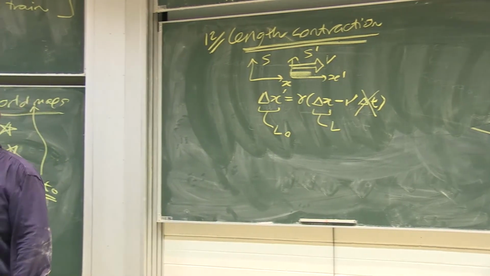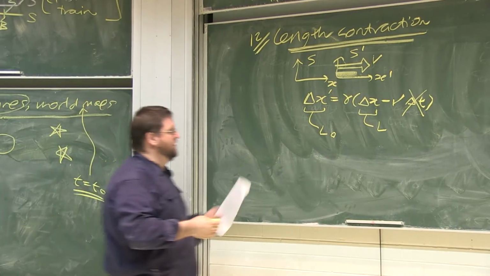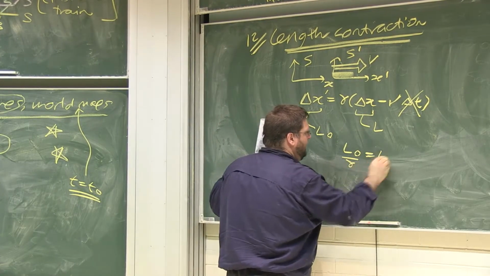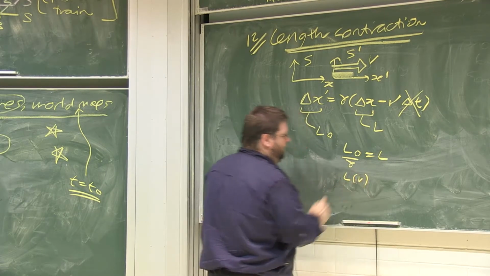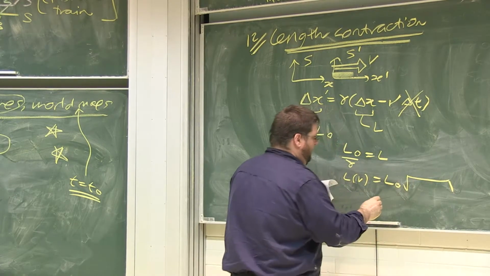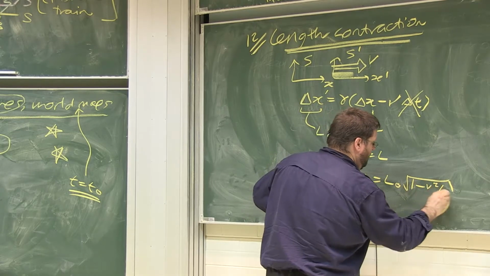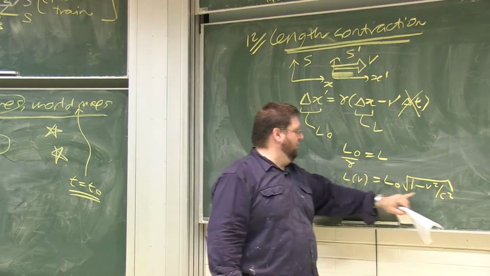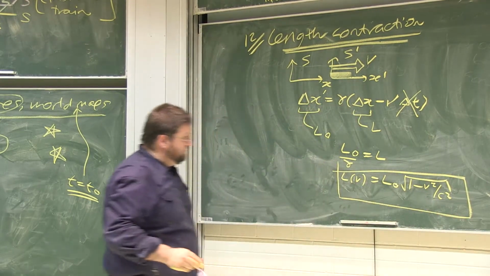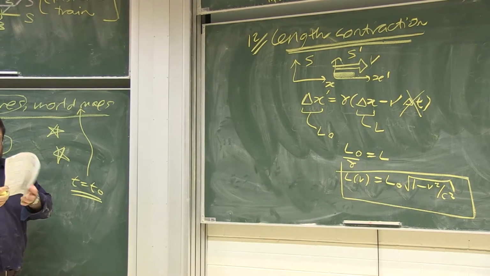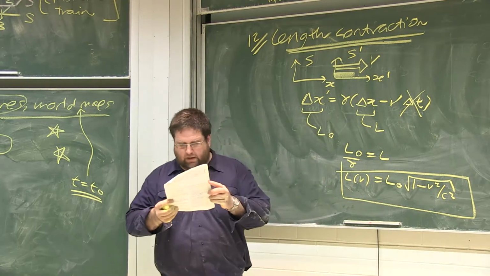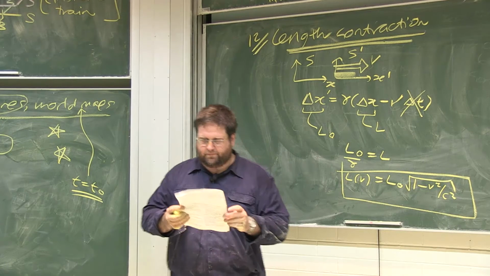This is the so-called rest length of the ruler. The length that the ruler has when it's stationary is L naught, and L naught divided by gamma equals L. In other words, the moving ruler, moving at speed v relative to S, has a length which is different. In fact, you need to multiply the rest length by something smaller than 1 in order to get the moving length. In other words, the moving ruler has shrunk by this factor, according to S.